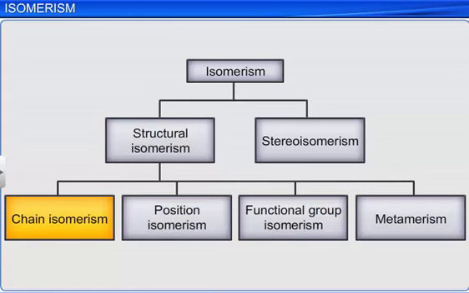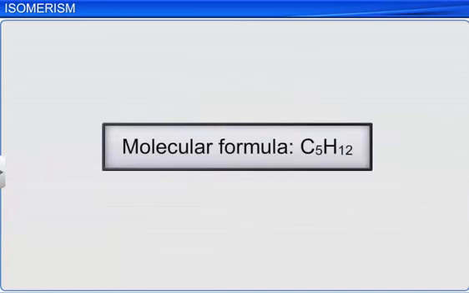Compounds that have the same molecular formula but different carbon chain, that is, straight or branched chain, are known as chain isomers, and the phenomena is known as chain isomerism. For example, the following 3 chain isomers are possible with molecular formula C5H12.